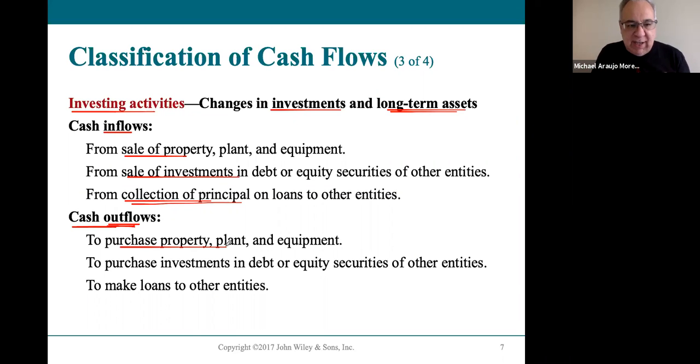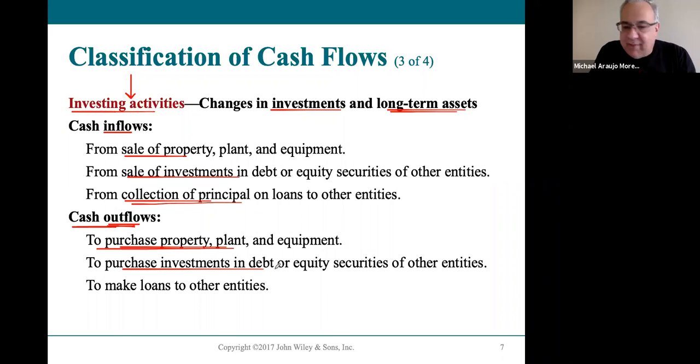You want to see cash flowing out for investing activities. That's usually a very good sign for a company that's committed to growing. So purchasing property, plant, and equipment is a really good thing. This is one of the things I look for myself when I'm reading a cash flow statement. Are they investing in their future growth? And a lot of that is going to be here in purchasing property, plant, and equipment.